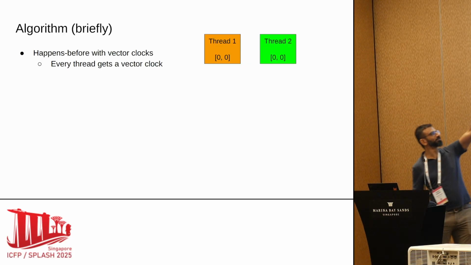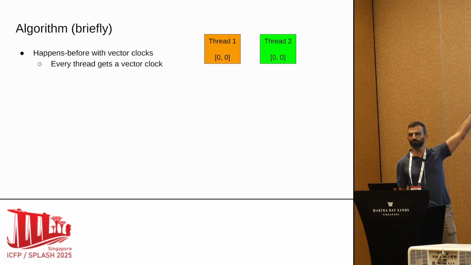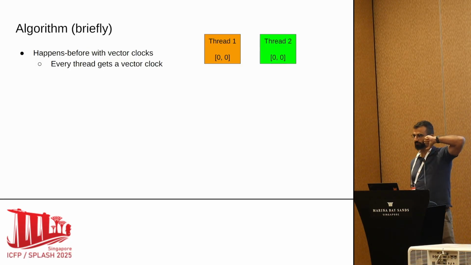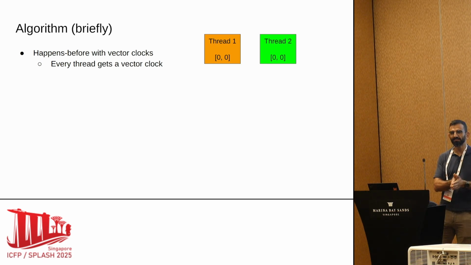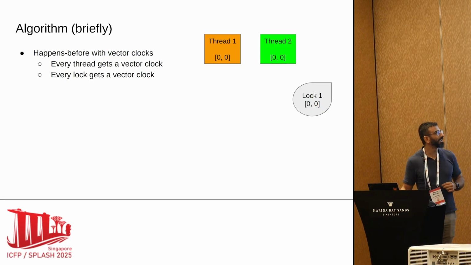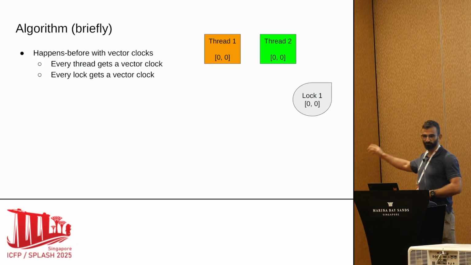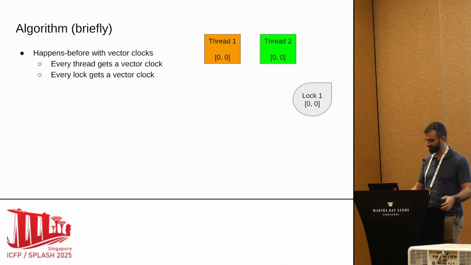And then thread 2 has a similar vector clock. Its own time is 0, and it knows about thread 1 that is also 0. Right? So every thread has a vector of clocks capturing what they know about the other threads. And then we put a vector clock also in every lock, and by extension, I'm going to extrapolate to every other synchronization mechanism that you might have.